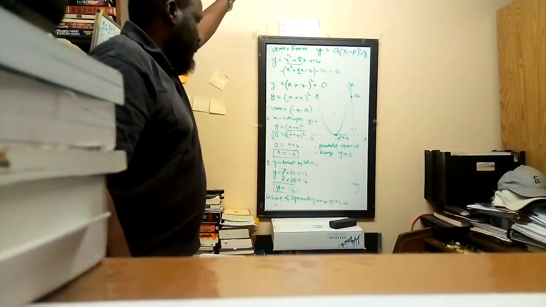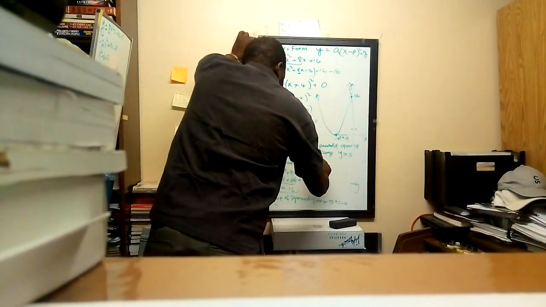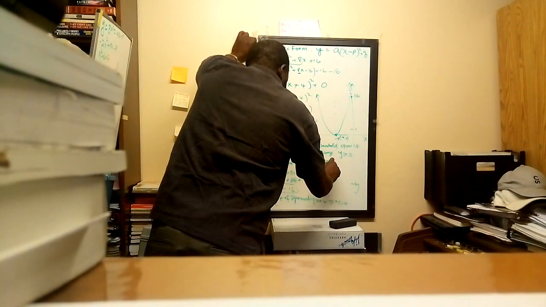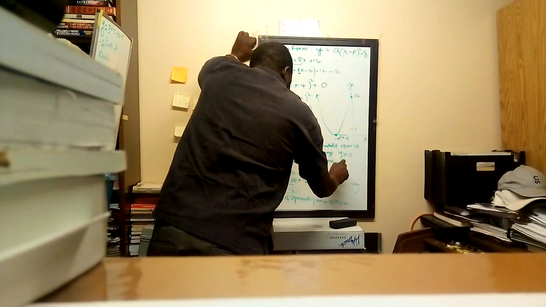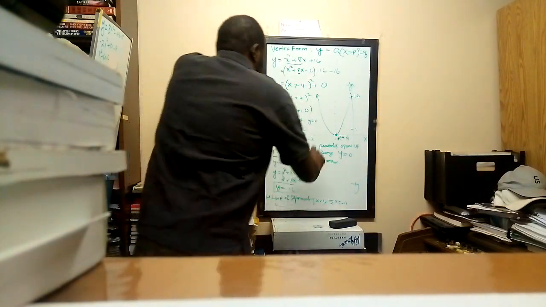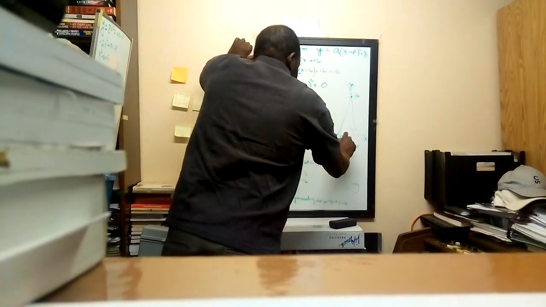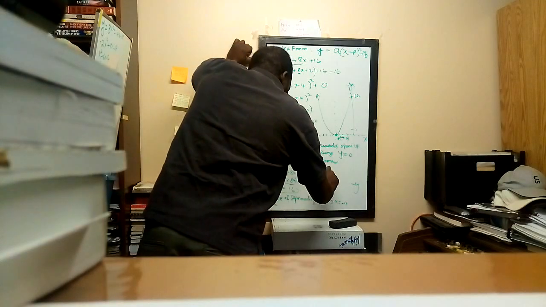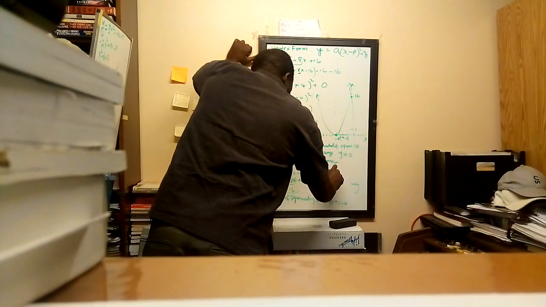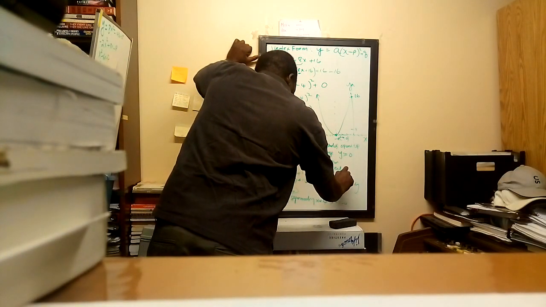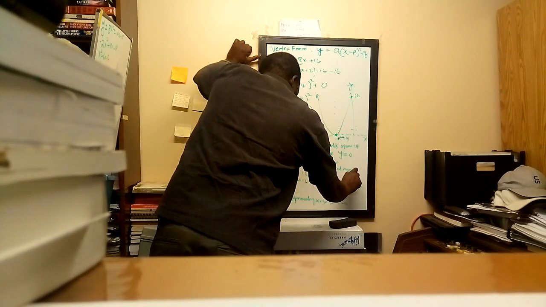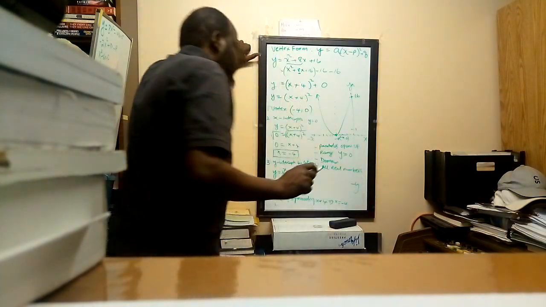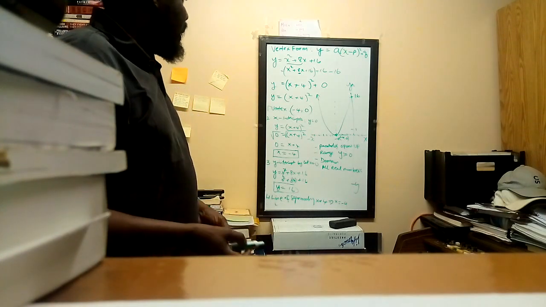From 0 above, that's the range. The domain is all real numbers, because our parabola is going up with all the values of x. So basically that's what it is.